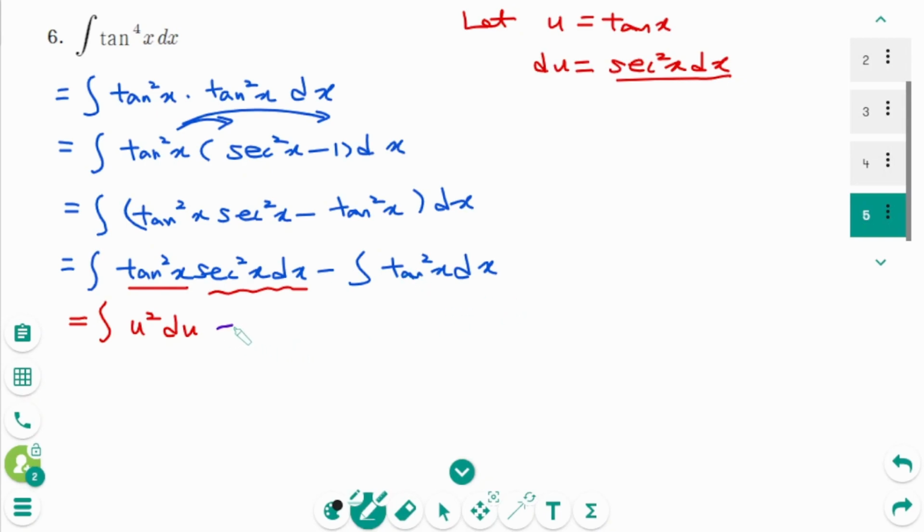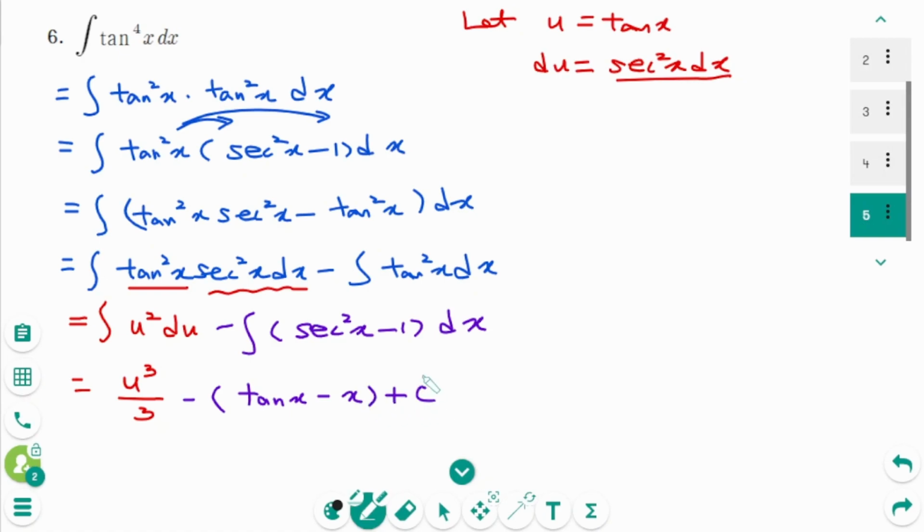So use the trig identity. Tangent squared x is secant squared x minus 1 dx equals u cubed over 3 minus integrate secant squared x is tangent x, then x plus c.